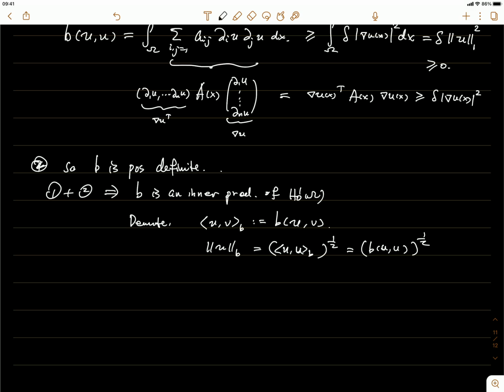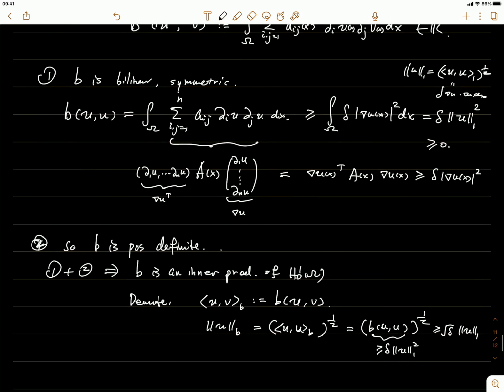So on the one hand, we already showed that it is bigger than or equal to delta times the u 1 norm squared. So that means the B norm is bigger than square root of delta times the u 1 norm. So that's one side: the B norm is stronger than the 1 norm.